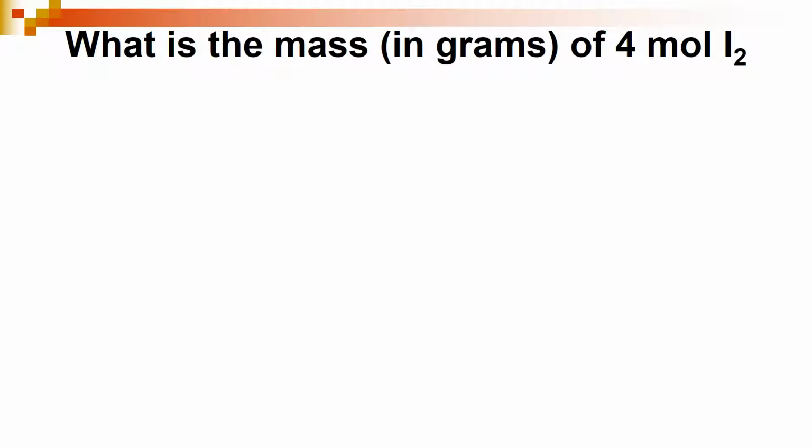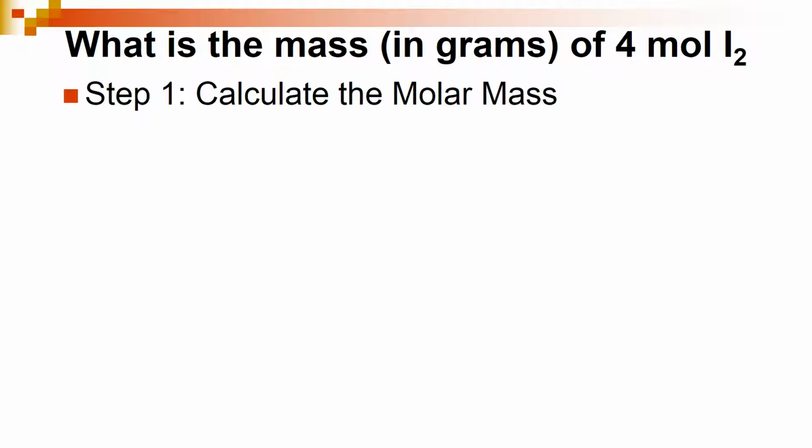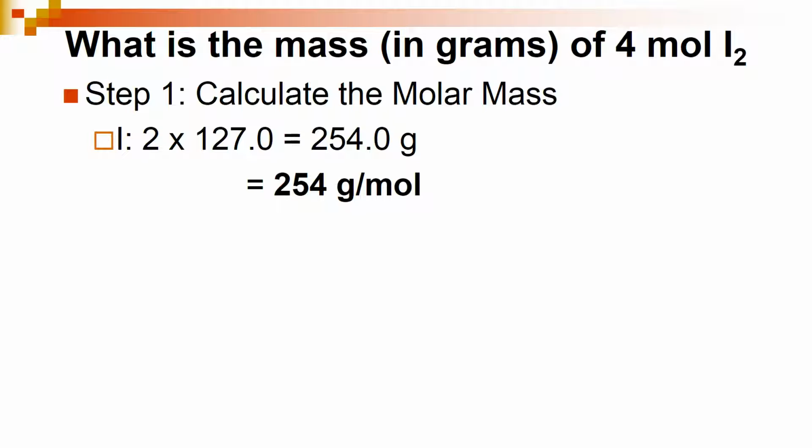Just like our other problems, we need to initially calculate our molar mass. We know that we have two iodines that each have a mass of 127.0. So, the iodine diatomic molecule has a molar mass of 254 grams per mole.